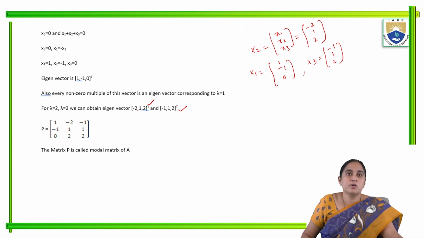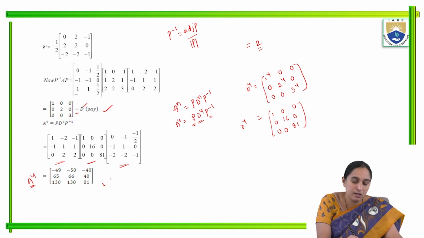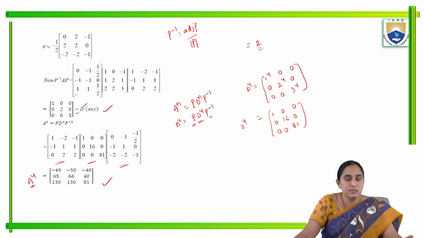From that model matrix, we have to find P inverse, and P inverse is multiplied with A and P. From that we get a diagonal matrix, whose diagonal elements are always equal to the eigenvalues. If the two are equal, then the concept is right. After that, find A power 4: P into D power 4 into P inverse. From that we get the A power 4 matrix. This is the concept of diagonalization for distinct eigenvalues.